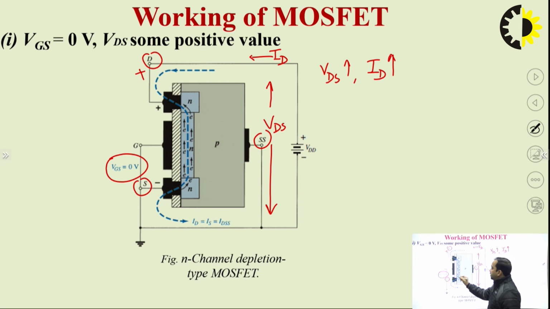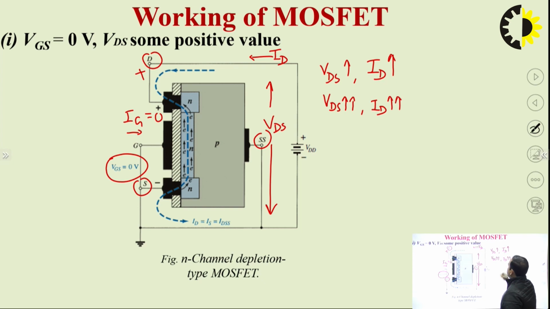Since the gate terminal is insulated, the gate current IG is equal to 0. If we further increase the drain to source voltage, ID further increases, because it will attract more electrons in the upward direction.